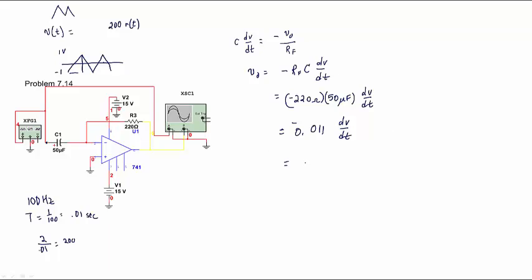So if we just look at one period right now, 0.011 times 200 u of t, that's half of the cycle. The other half of the cycle with a time shift, minus 0.011 times, the slope is minus 200, and it would be u at t minus 0.01. So that's what V out should be.